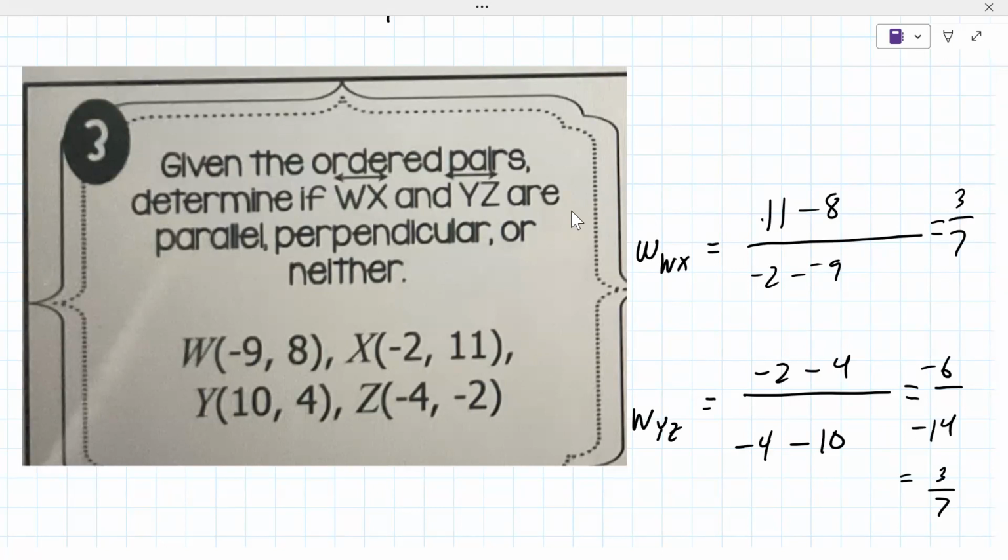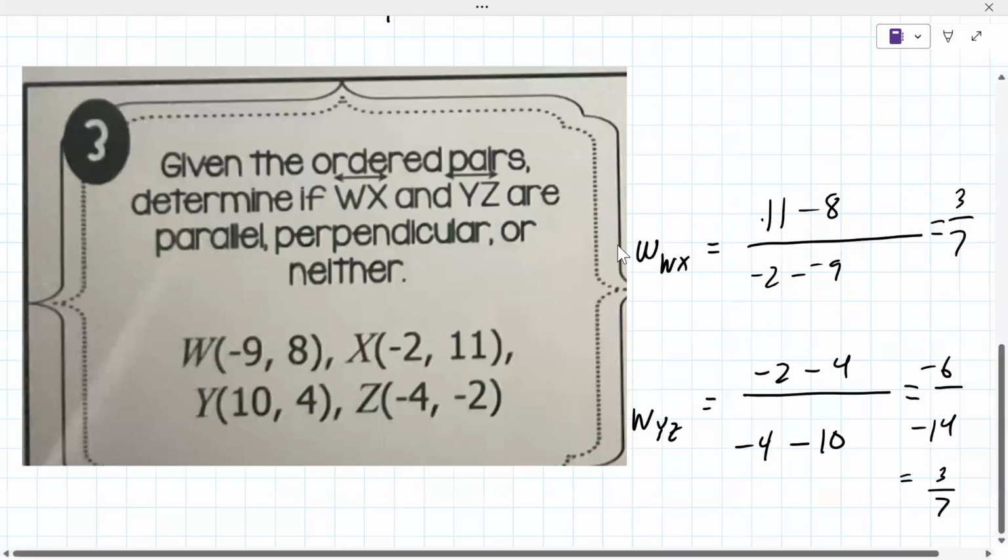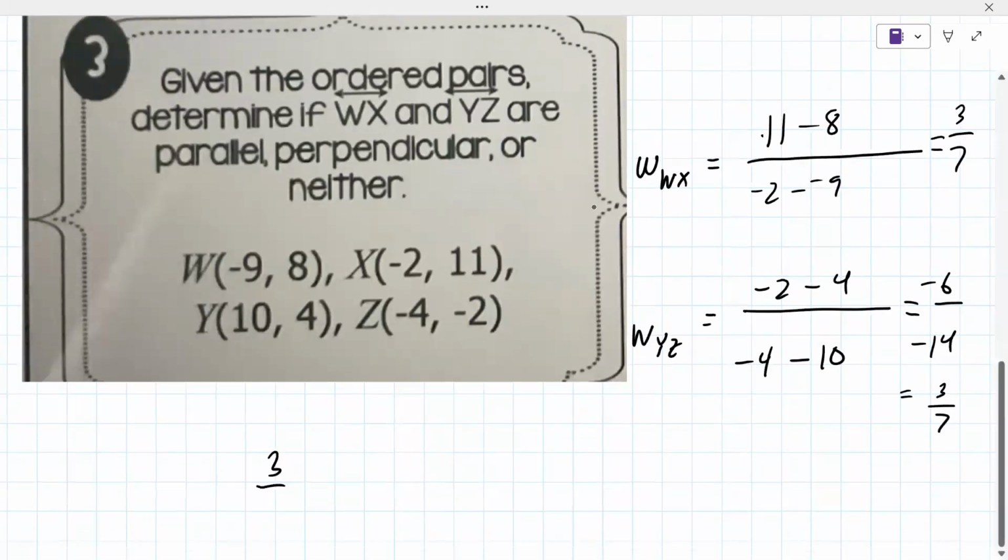It's all in the details. So these would be parallel because they're the same, and they're different points, so that's sufficient on that.